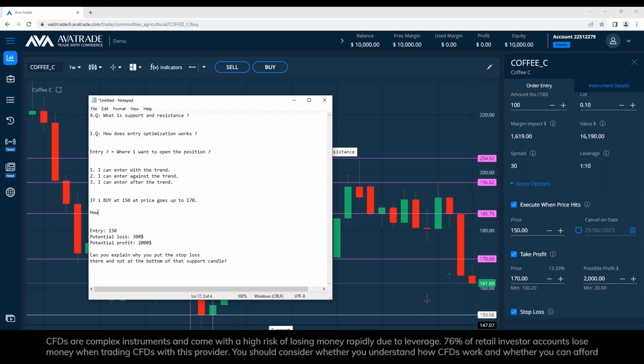how much difference do I have per unit? From 150 to 170, how much is that? Why are you losing 300 when you put in 150?